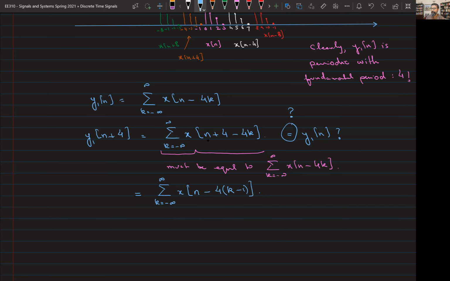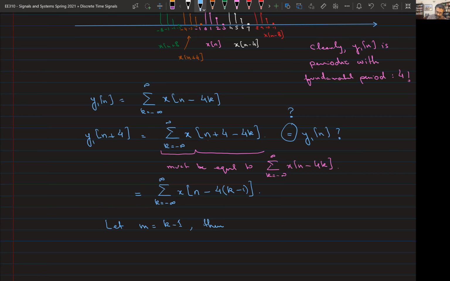Right, so that's a simple manipulation, and then I can make a change of variables. If I let m equals k minus 1, then clearly, if k minus 1 goes from minus infinity to plus infinity over the integer set, then m is also going to go over the integer set from minus infinity to plus infinity.